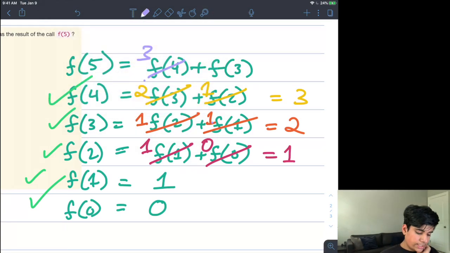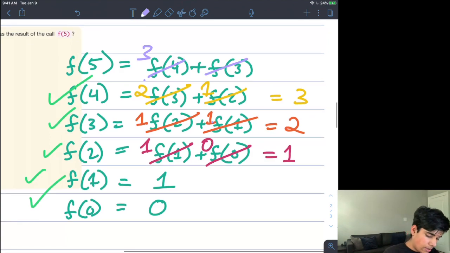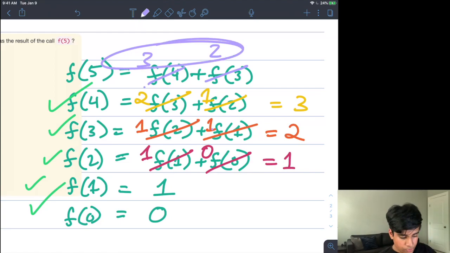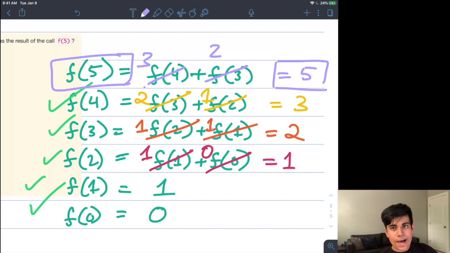And then over here, we know that f3, because we solved for it, is equal to 2. So I can cross that out and put 2. And this is now f5 is equal to 3 plus 2. And 3 plus 2 is equal to 5, right over here. So f5 is equal to 5.